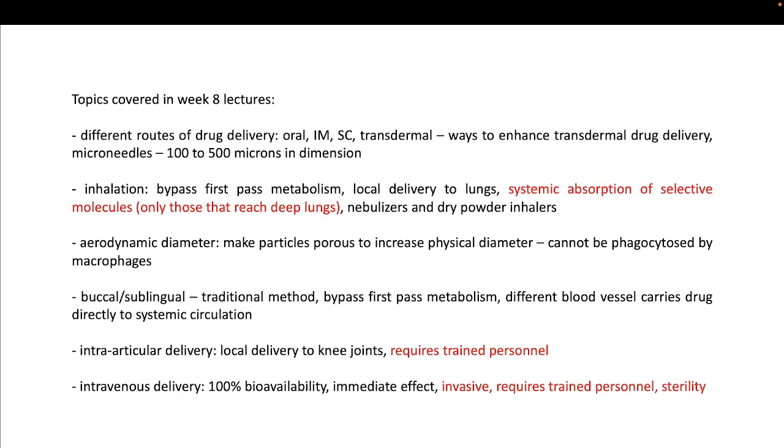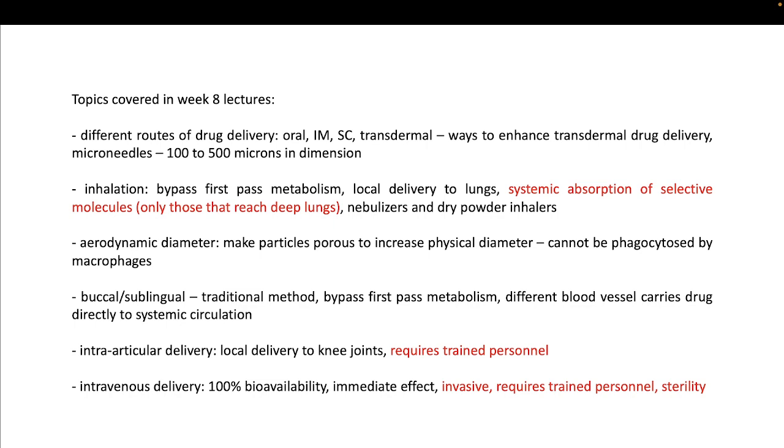For example, your molecule has to be in the desired range of size for it to be absorbed, because whenever it's taken through the nasal route into the lungs, it has to pass through a lot of airways and then get into the blood. So if you want the drug to reach all over the body, that means it has to be in the blood, which is known as systemic absorption. That happens only for selective molecules, only for those molecules which will reach the deep lungs. If not, then this is not a very good method to deliver the drug.